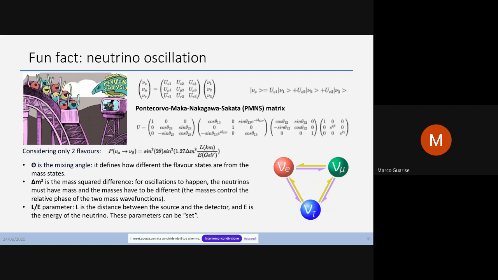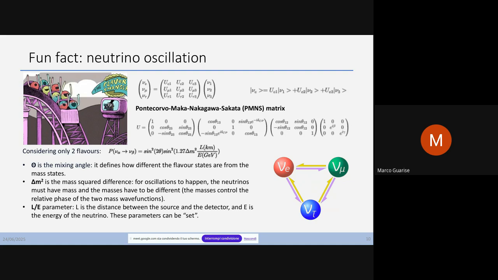Here is the equation that describes this behavior if we only have two flavors. So, a simplified version with ν_α and ν_β, but it's important because we can see here the important quantities that play a fundamental role, which are the angle theta, which is one here, but is of course three considering all the three states.